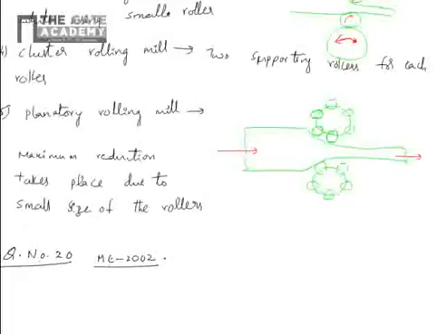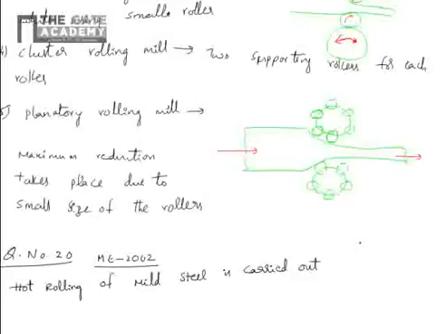Hot rolling of mild steel is carried out. The options are: A, at recrystallization temperature; B, between 100 to 150; C, below recrystallization temperature; D, above recrystallization temperature.